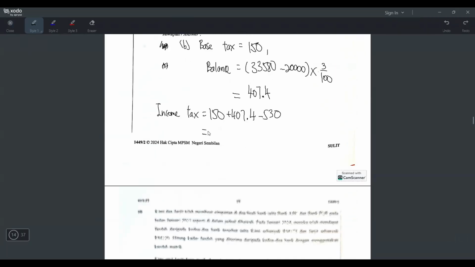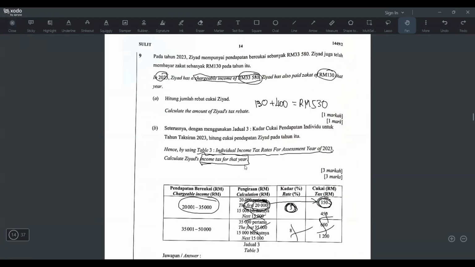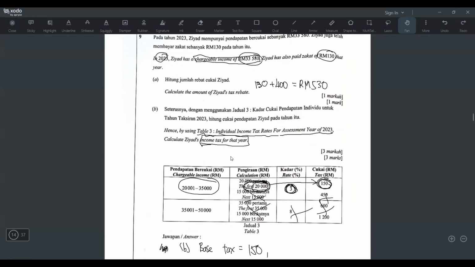Now let's press this and we will get our answer. My calculator gives me 27.4. But since this is tax, I have to write RM, and when we write RM, we always write two decimal places. So 27.4, and you put the zero yourself lah. That means this person has to pay 27 ringgit 40 cent for the income tax for that year.